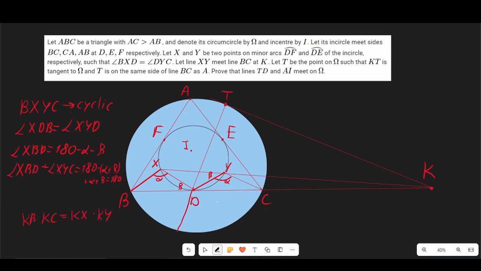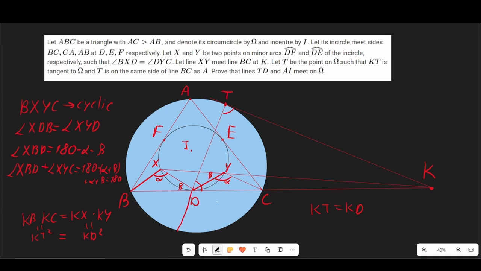Now use the fact that D is the tangency point of the incircle and line BC, so KX times KY must be equal to KD squared, while KB times KC must be equal to KT squared. So we got that KT squared equals KD squared. So KT is congruent to KD. So angle KTD equals angle TDK.